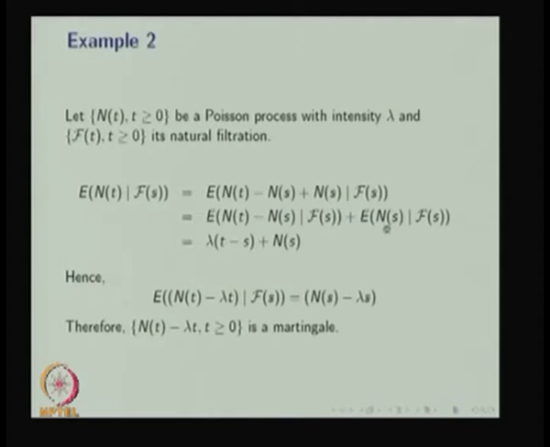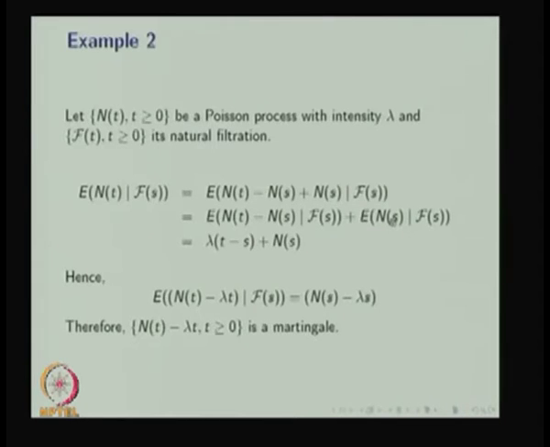Whereas the second term, the conditional expectation of N of s given F of s: that means for information till time s, what is the expectation of N of s at the same time s? Since you know the information up to time s, N of s is a constant.